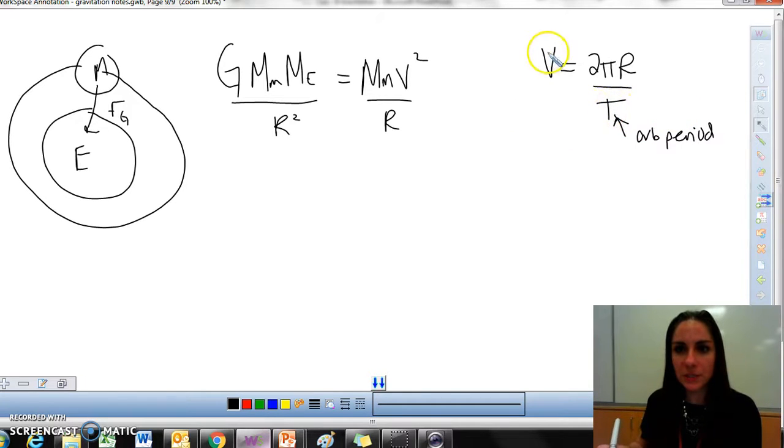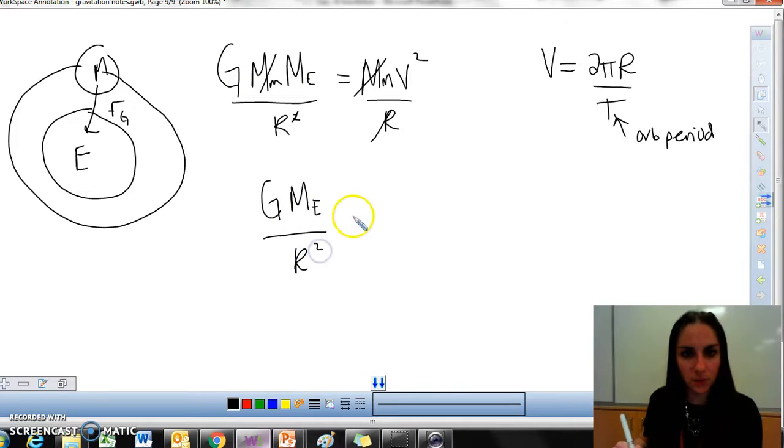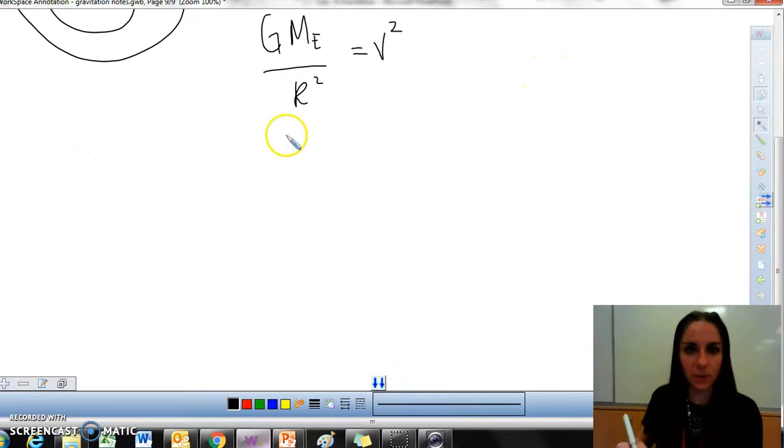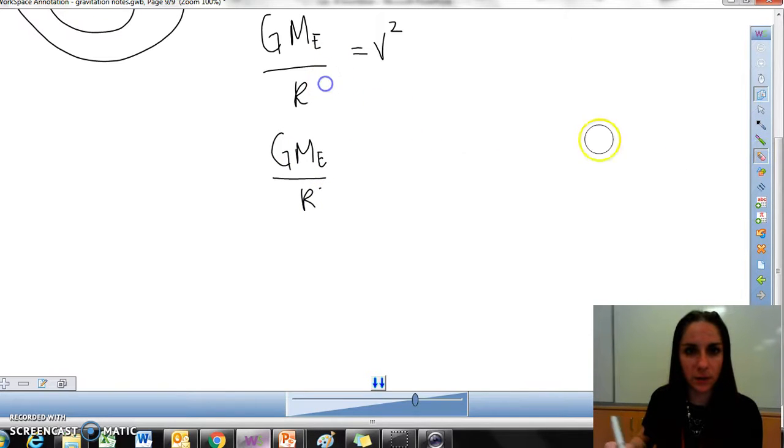So what I'm going to do is take this and plug it in here. I'm going to simplify it like I did earlier because it just makes the math easier. You can go ahead and plug it in, but you'll see why I'm doing this, because I have to square v when I plug this in.